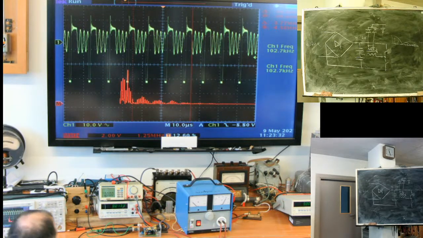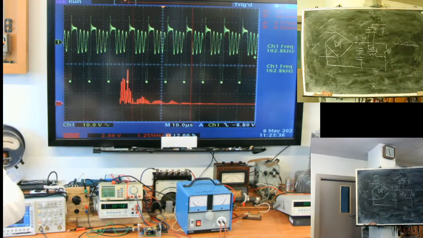Such a power converter produces a powerful and broad spectrum of noises. It's a problem when you deal, for example, with high range acoustics. And more of a problem, small signals like bioengineering and so on.